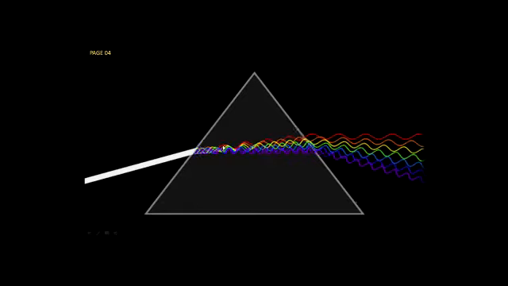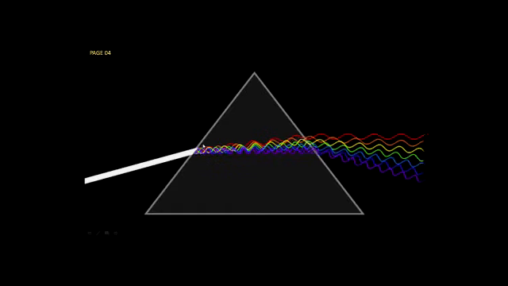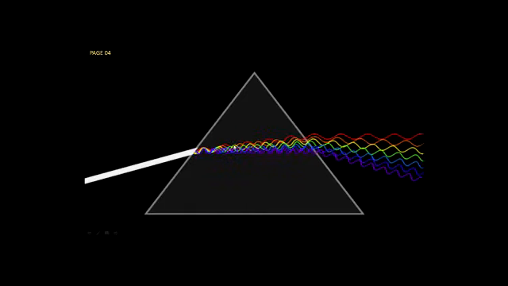You see, red light, which has the longer wavelengths, is affected less by the glass medium, simply because the longer wavelengths do not interact with the small glass particles as much as the violet light does. The red light basically ignores the small glass particles, or whatever is in that glass. Okay?